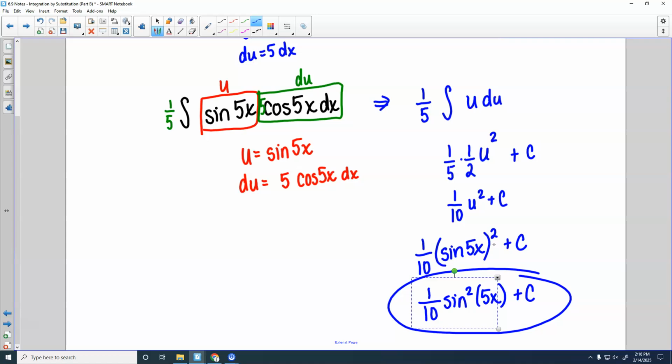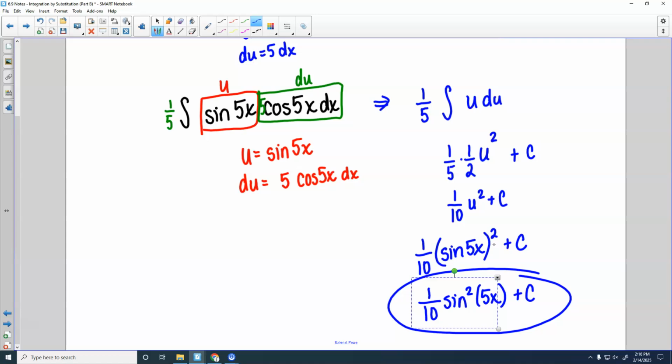Is that the only way I could have done this? Because what's the derivative of cosine 5x? Negative sine 5x, which I could also do, right? So you could let sine be your u, or you could let cosine of 5x be your u.